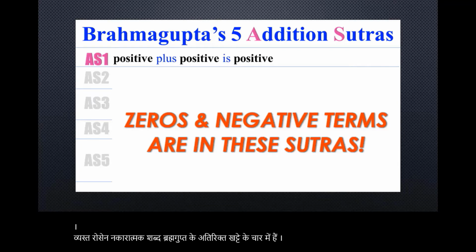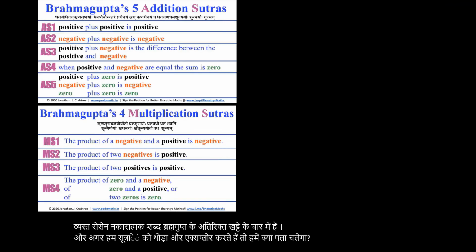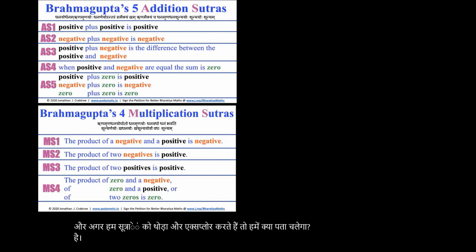And what we will find out if we explore the sutras a little more is that the words negative, positive, and zero appear so often in the definitions of the sutras, the laws of Brahmagupta from the year 628.